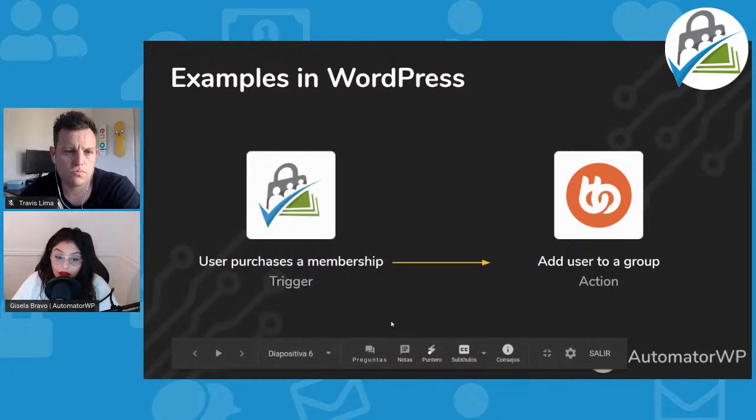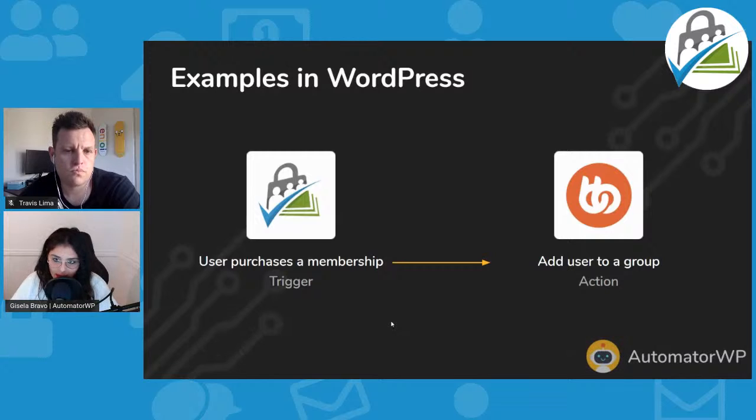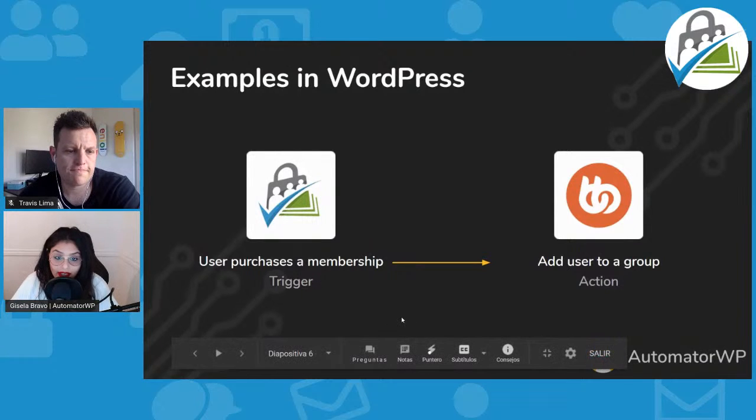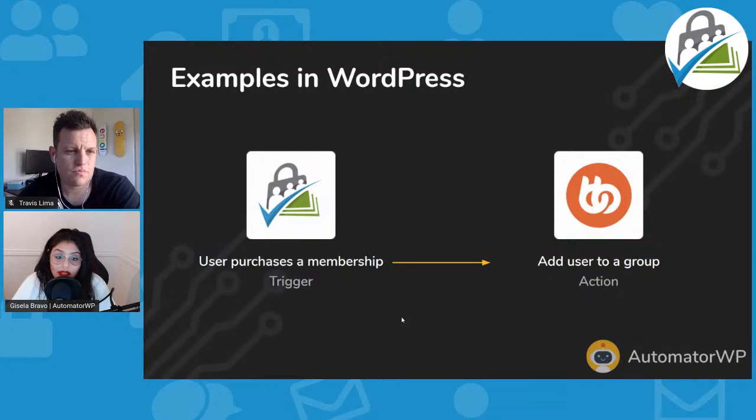In this case, of course, we are going to talk about the plugin Paid Memberships Pro. This is a very simple example. Just when a user purchases a membership, for example, automatically we add that user to the group of our membership site, and we can do that automatically.